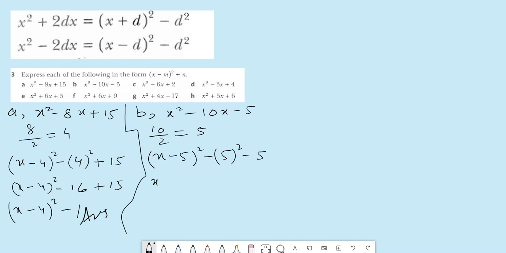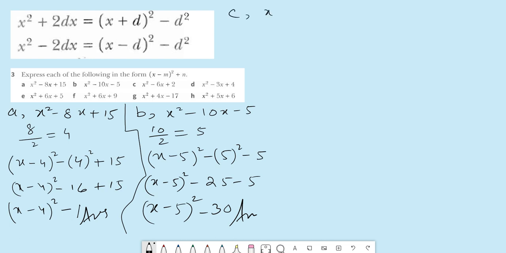And x minus 5 whole square minus 5 square is 25 minus 5, and x minus 5 square minus 25 minus 5 is what? Minus 30. This is our final answer. Come to part C. Hope you understand.